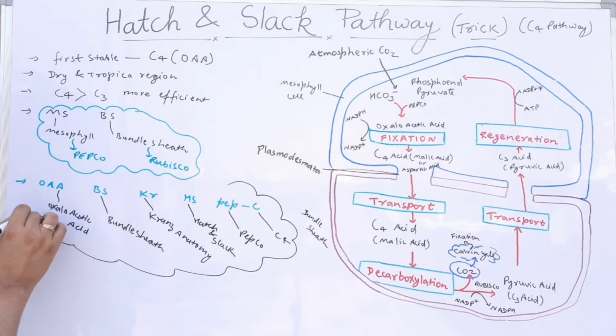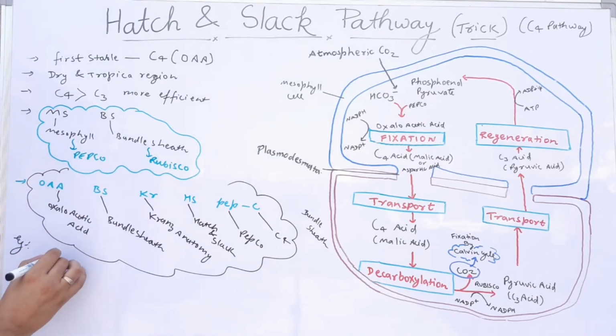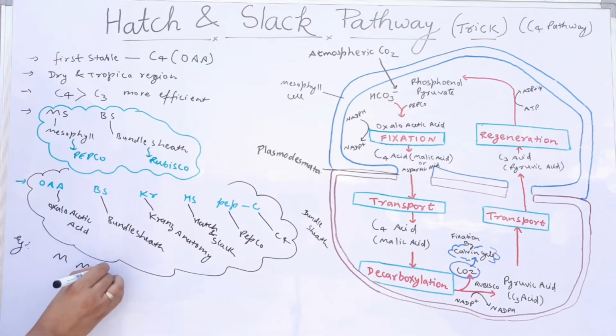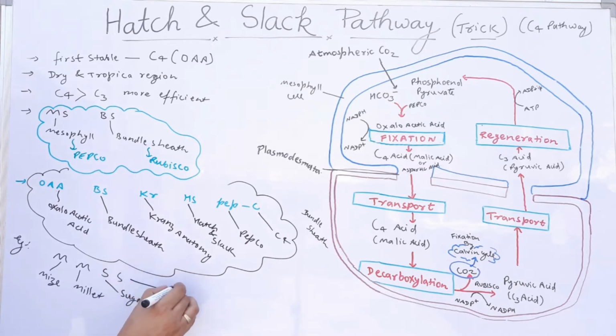Now one more thing to tell you, the most important example for this cycle is MMS. M means maize, millet, sugarcane, and sorghum.